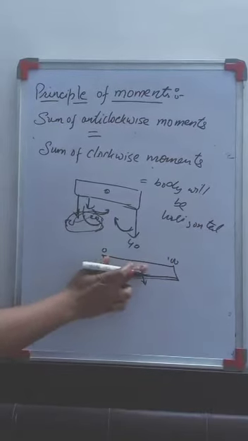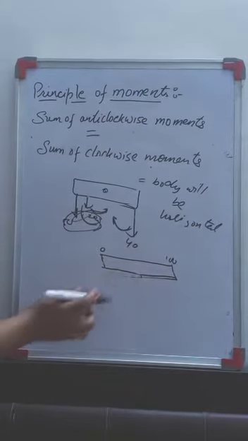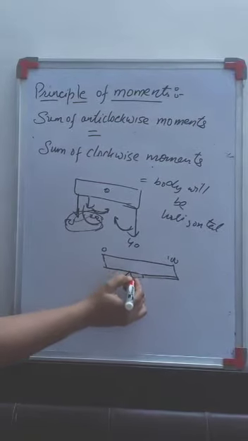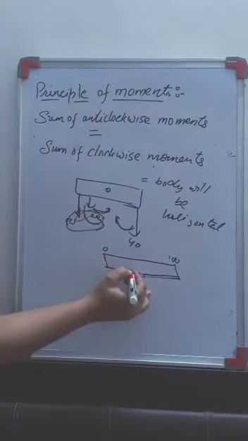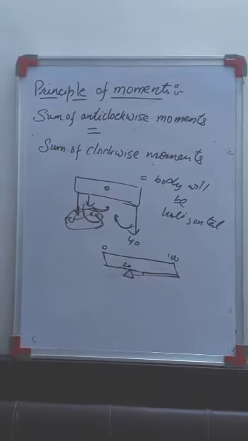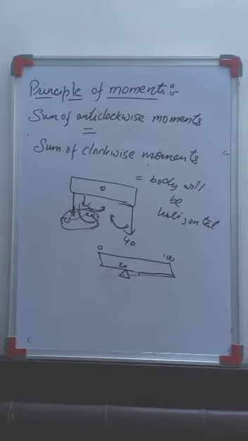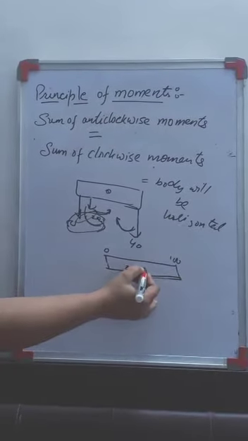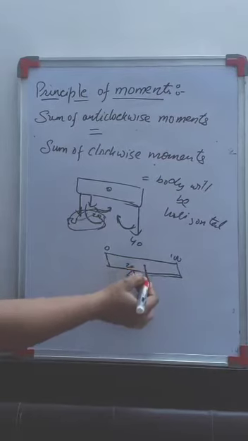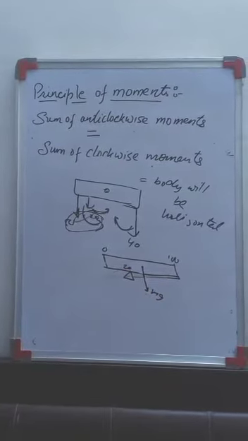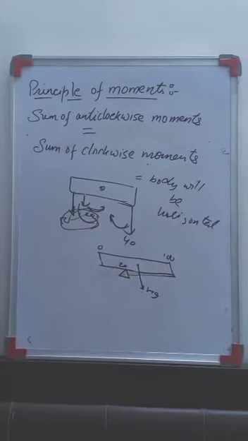But if instead of the center, the scale is being balanced at, for example, 20, right? Then what will happen? Now in which direction will the scale rotate? See over here, its center of gravity is always at the center. That means the whole weight acts in the downward direction, right? Where?